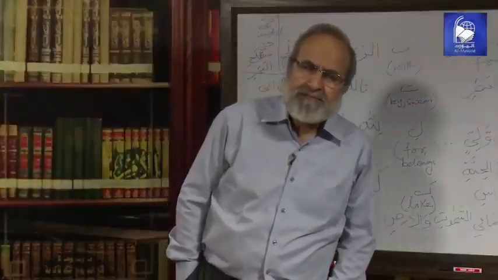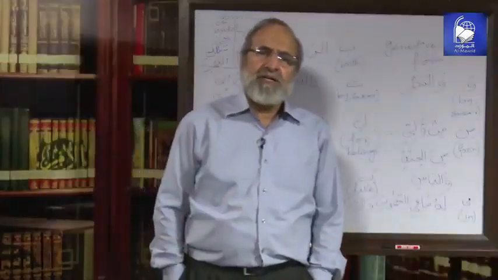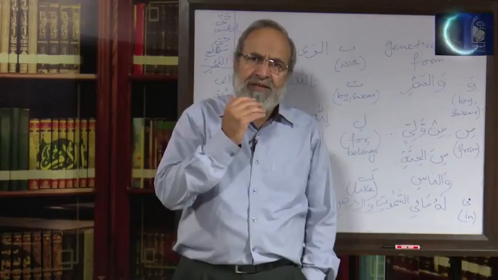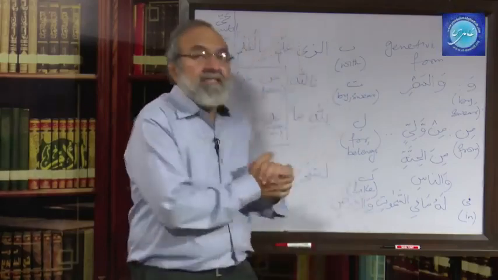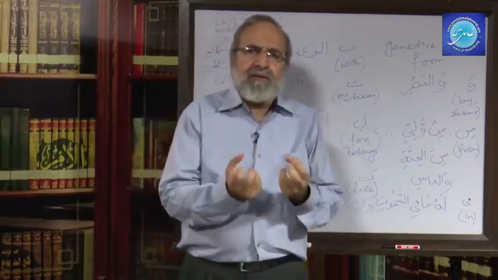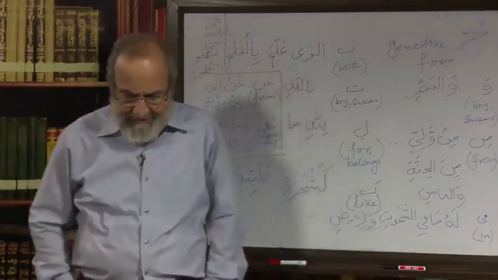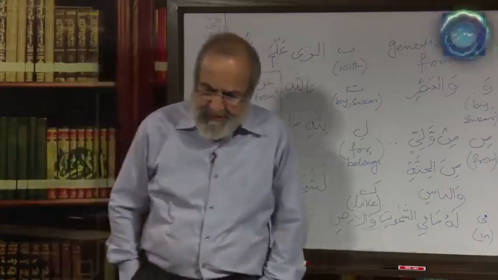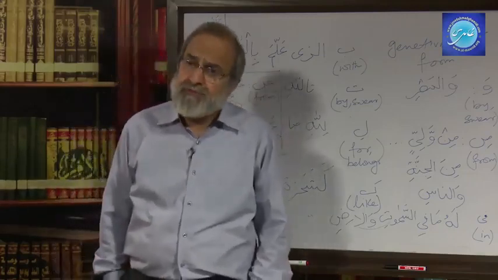I mentioned earlier that these particles sometimes are used for the purpose of conveying their meanings, what we've already studied, and sometimes some of these particles are actually used alongside the verbs, and they are in actual fact the prepositions of those verbs.